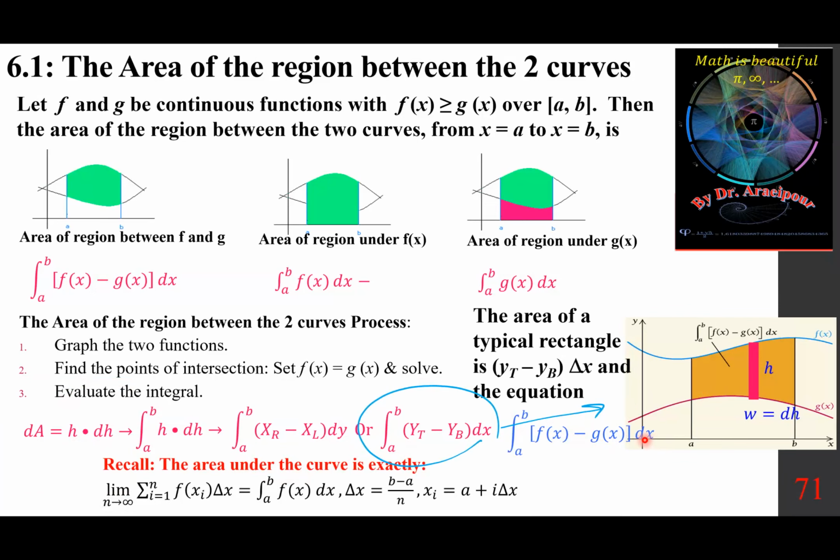Now, when you sweep this, take a look at this rectangle. If you sweep it across the x-axis to cover the shaded region, then the width is dx. If you go up and down, the width is dy. You'll see that as we look at some examples. Let's start with a very simple example.